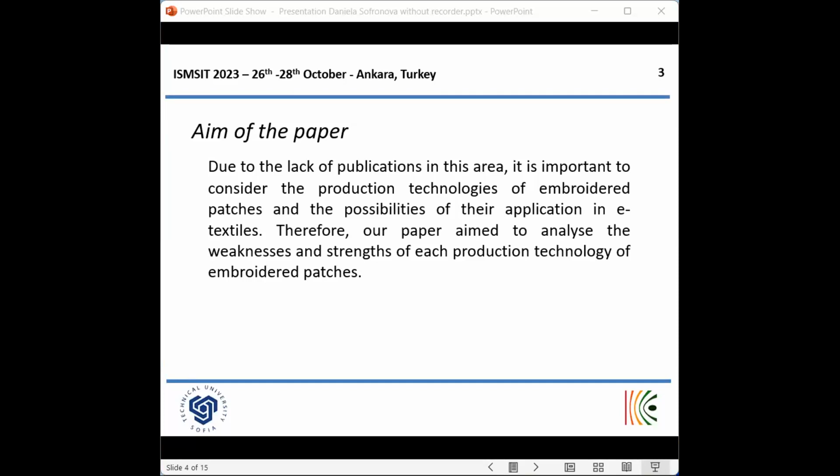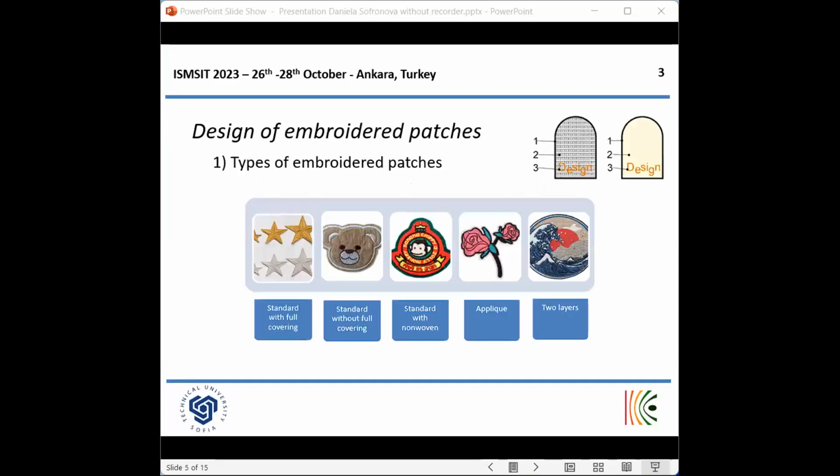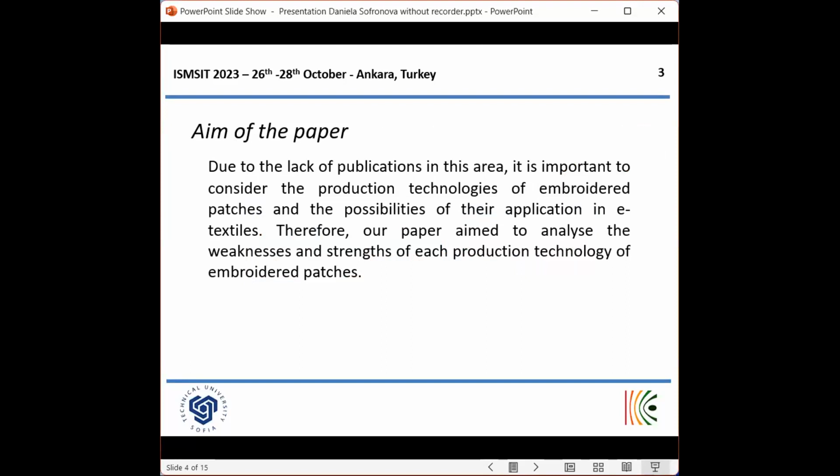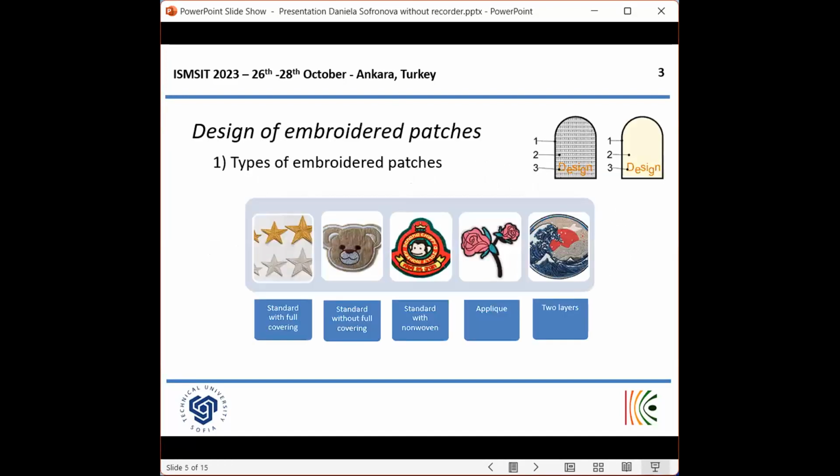Therefore, our paper aimed to analyze the weaknesses and the strengths of each production technology of embroidery patches. An important feature: when digitizing embroidery patches, the same rules are followed as for standard embroideries, but they must be designed according to the patch type. Embroidery patches may have the design presented here in the figure above.